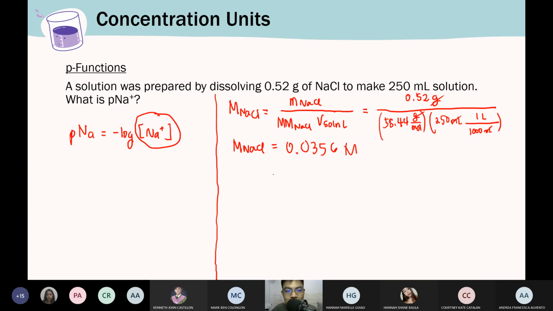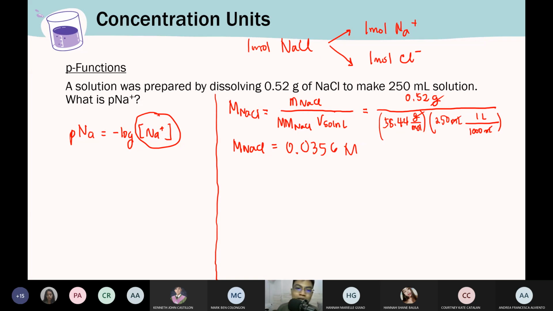Basically, look at the equation. If you have 1 mole of NaCl, what will you get? You will get 1 mole of Na plus and 1 mole of Cl minus. When we dissociate ions, sometimes their amounts differ, do you still remember that?